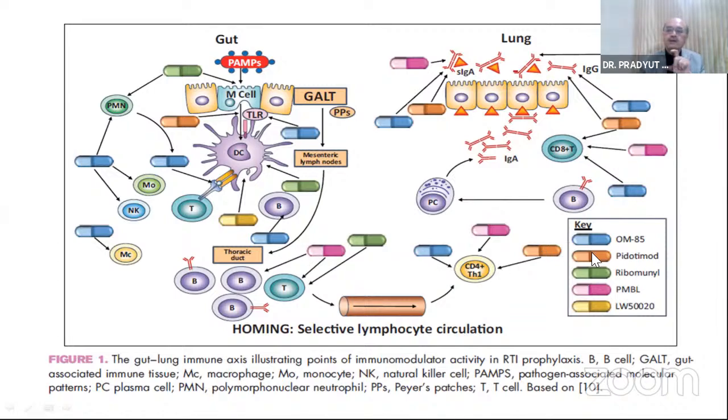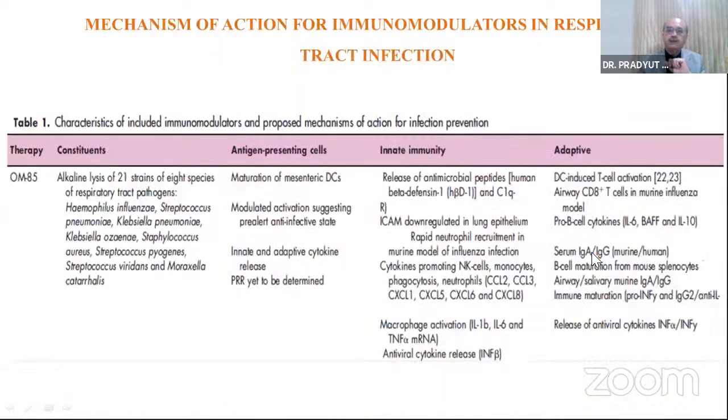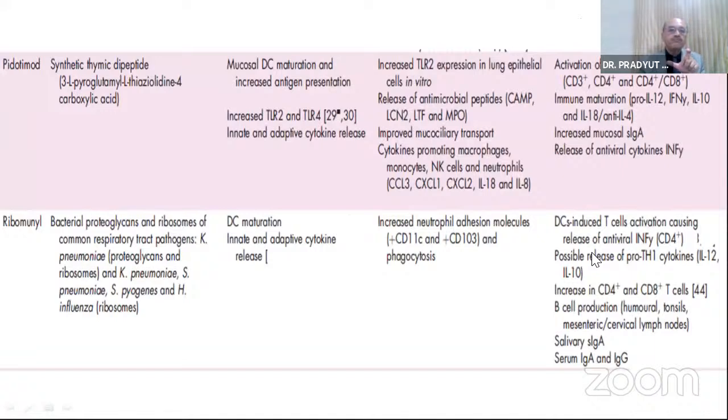The second immunomodulator available in the market now is pidotimod, which is a synthetic thymic dipeptide. OM85 is natural, this is a synthetic thymic dipeptide. This again causes maturation of the dendritic cells, making them present the antigen as antigen presenting cells. This acts by certain mechanisms like toll-like receptor 2.